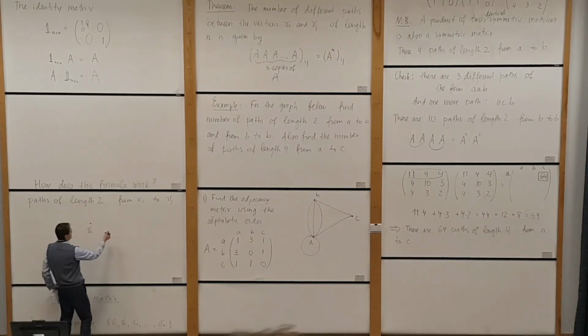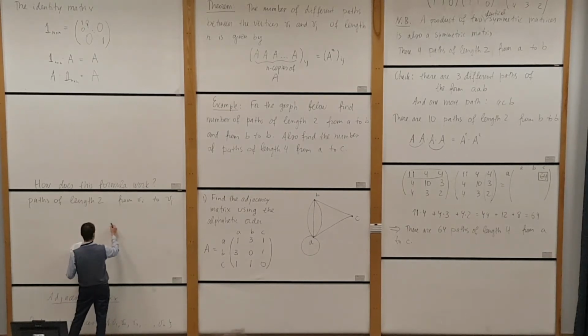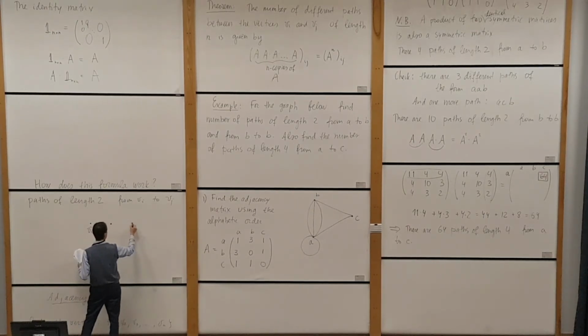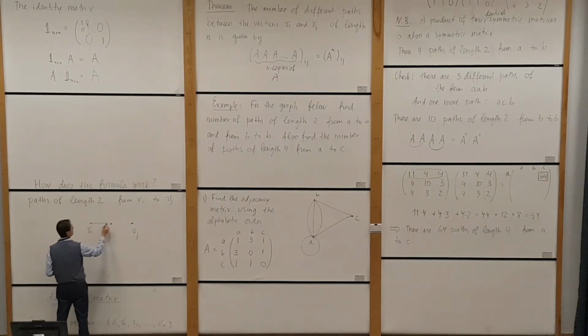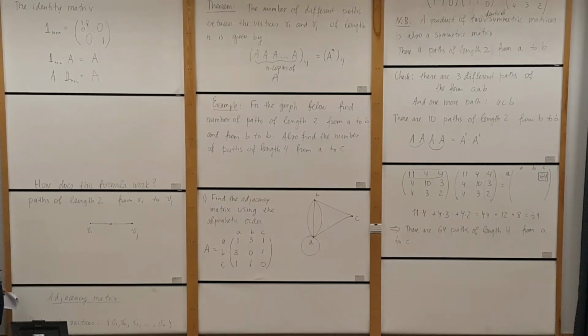So I need some intermediate vertex, right, before I arrive at V sub j. These paths just look like 2 edges, which are linked in the middle through some intermediate vertex. And this intermediate vertex, as far as we're concerned, can be any vertex, right, if there is a connection.